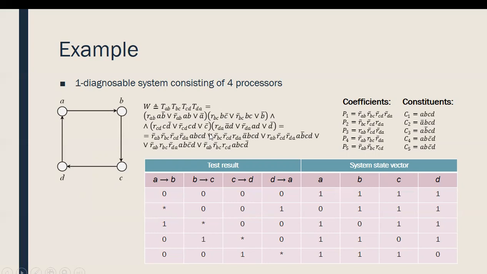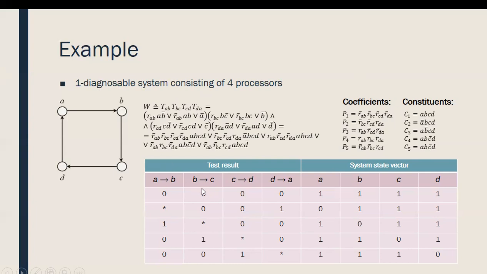So we obtain an expression containing 5 members. The whole transformation process is skipped here, but you can find it in the paper. So we obtain 5 members, and we can form 5 coefficients and 5 constituents corresponding to them. We can ensure that these coefficients match the first statement considered before. So these test checks will be enough to obtain the state of the system.